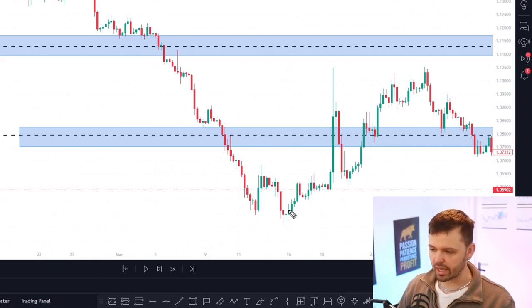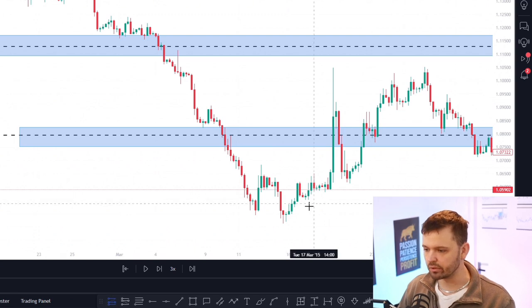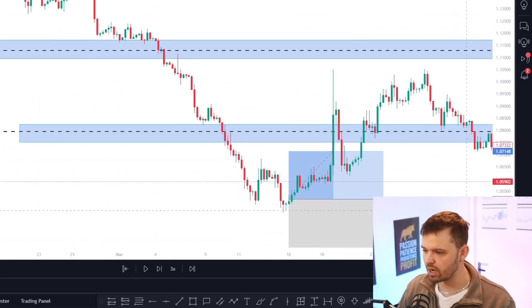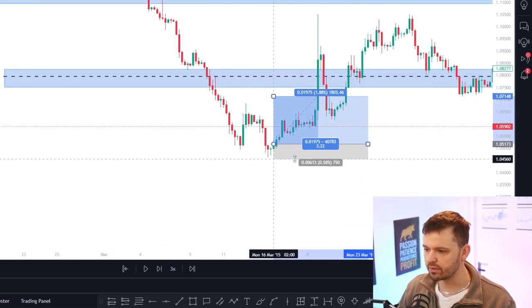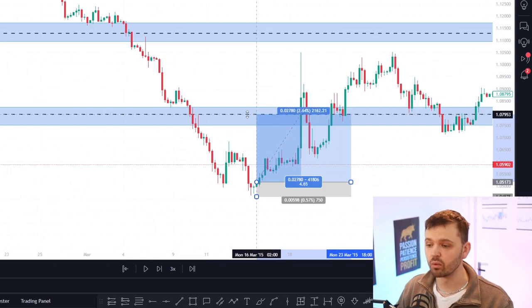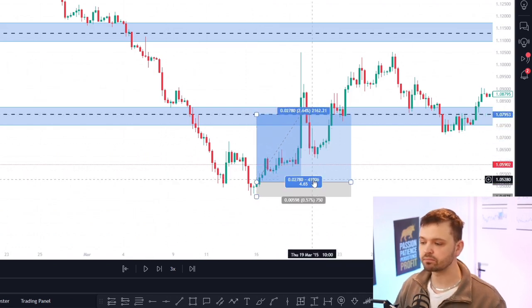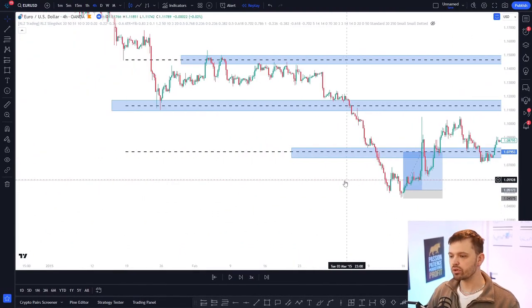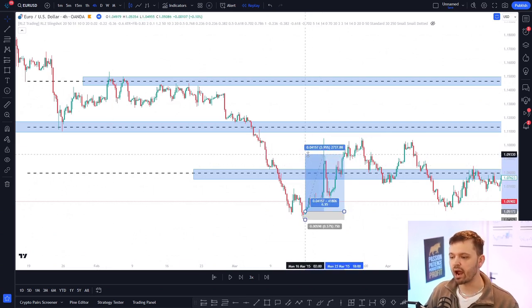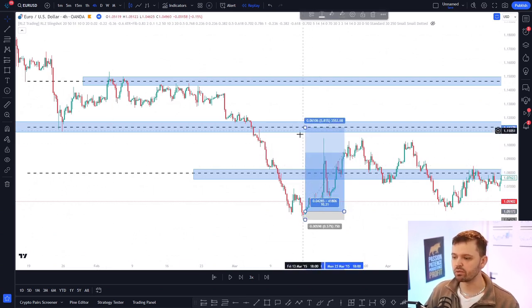Obviously you would be stopped out, but then you have another opportunity to enter, perhaps a trade that would look something like this, with a buy when you get above that bearish candle on the 4 hour, stops below the wicks here, and then TP at the breakdown level or the range lows. You could also trade this all the way up to the actual mean, the average price, and that would be the range EQ.